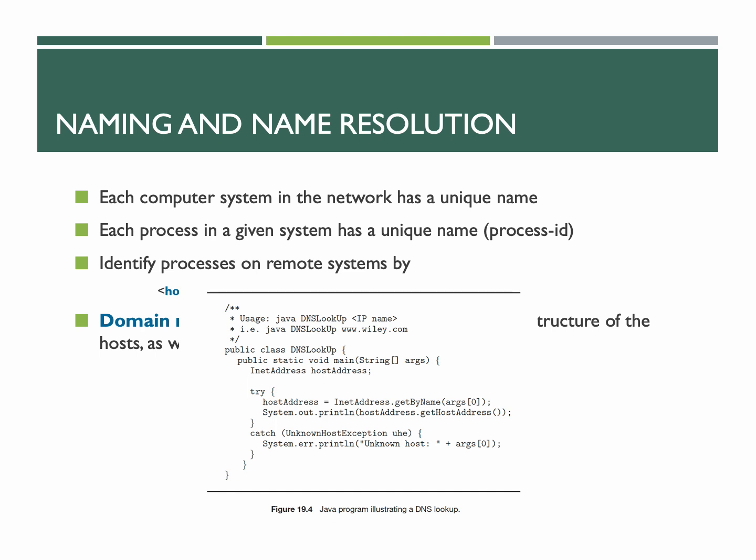This program tries to get the corresponding IP address using InetAddress.getByName. Then if successful, it prints the IP address. If not, it catches an exception and prints an error saying the hostname is unknown. This is a simple but powerful example of how operating systems and applications interact with the DNS system to resolve names into addresses.